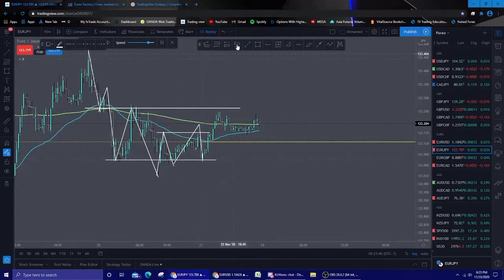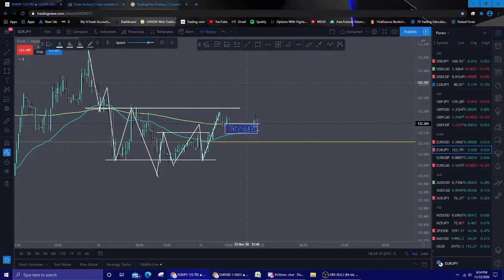We broke back up to the upside right here, and price started consolidating in this range right here. And so overall, we probably were going to push back down a little bit, but nothing that would have shaken me out. And so what I was looking for was a buy position off of this area. And I entered about right here.